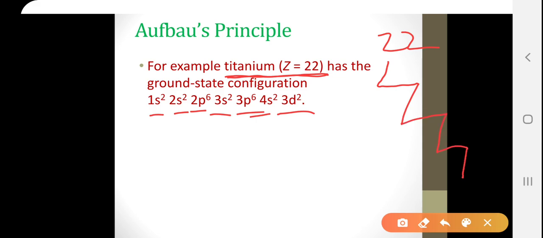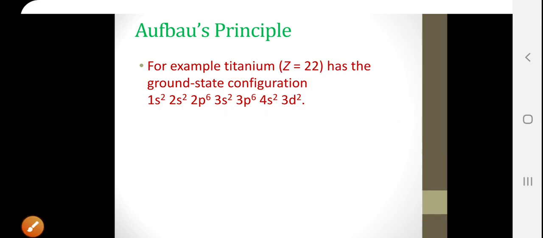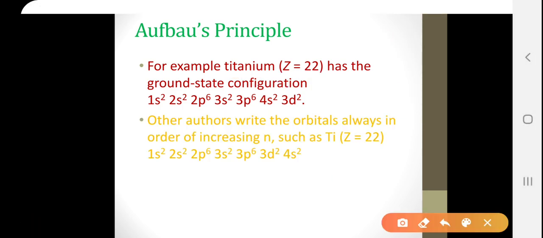But the authors will write this electronic configuration by changing the last one, because by exchanging these two places, we get the increasing order of energy level. Actually we have to write by the order of filling electrons, but the authors always write the orbitals in the order of increasing n value.